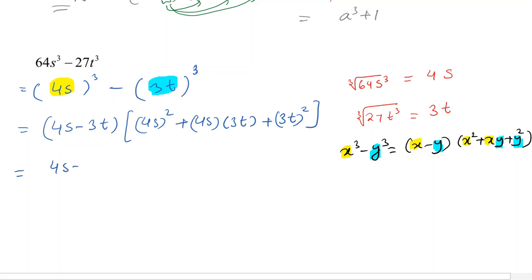So we get 4s minus 3t, and here we get 16s square plus 12st plus 9t square. So these are our two factors.